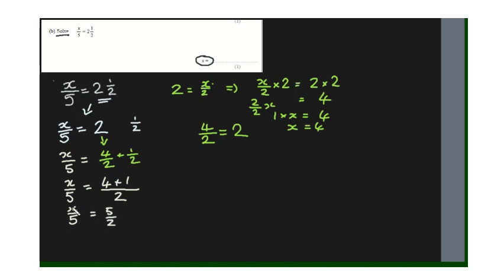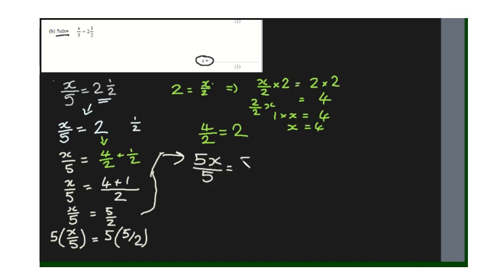If we want to find out what x is, we have to multiply x alone by 5. But because it's an equation, we now have to multiply both sides by 5. So we have 5 times x over 5 equals 5 times 5 divided by 2.